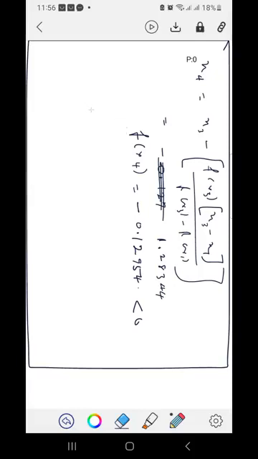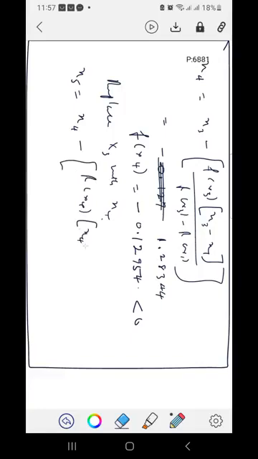Just for me not to waste my screen, you replace x3 with x4, and x5 will give you x4 minus, open the bracket, f(x4) times (x4 minus x1), close the brackets, divided by f(x4) minus f(x1).